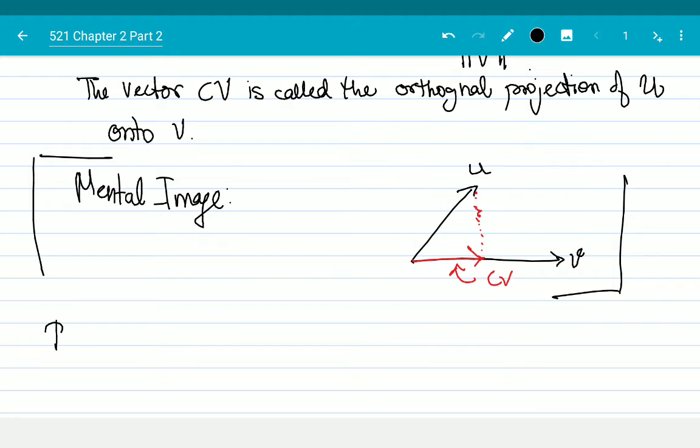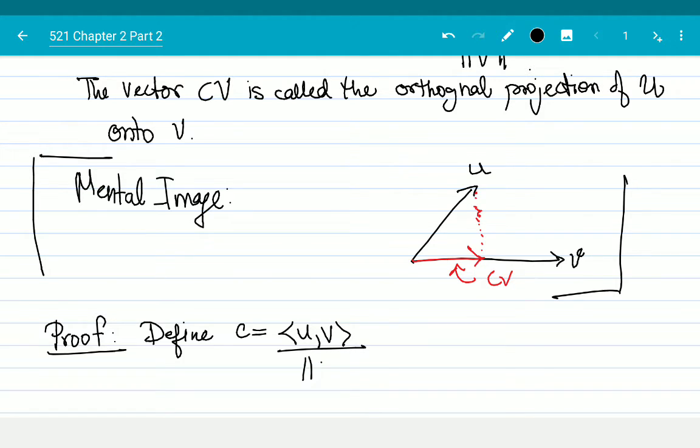Proof. Define C as we did it before, as we are told: C is equal to the inner product of U and V over the norm of V squared. This is a real number. And define Z is equal to U minus CV.